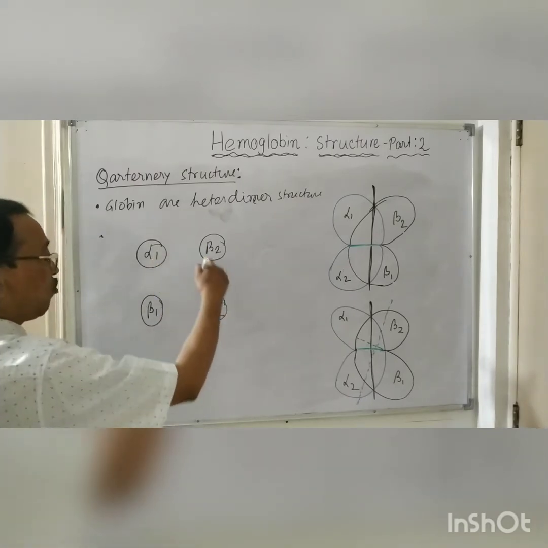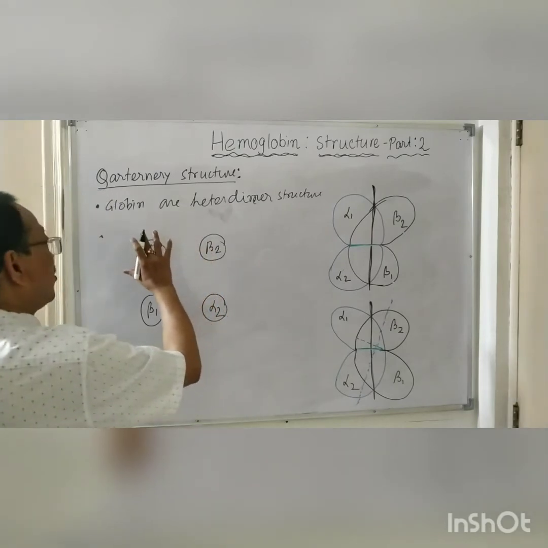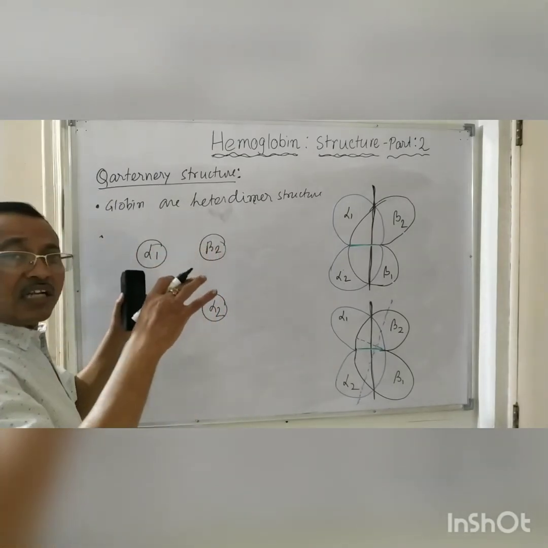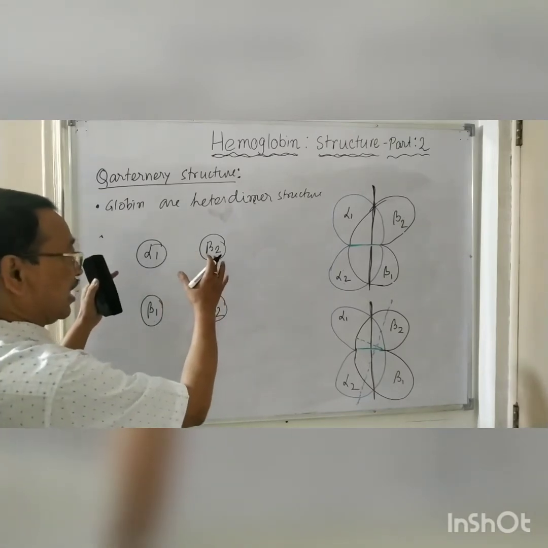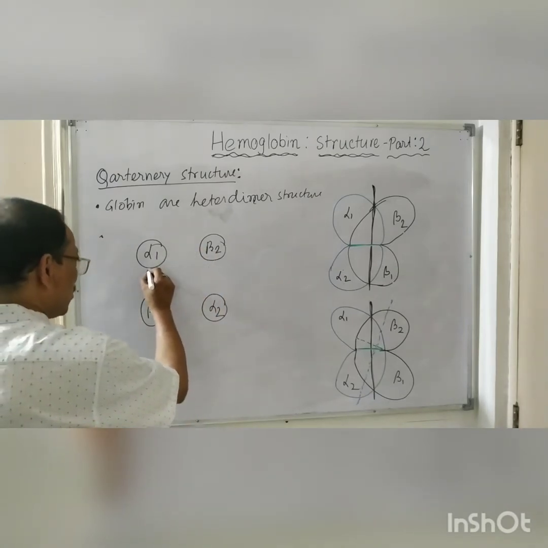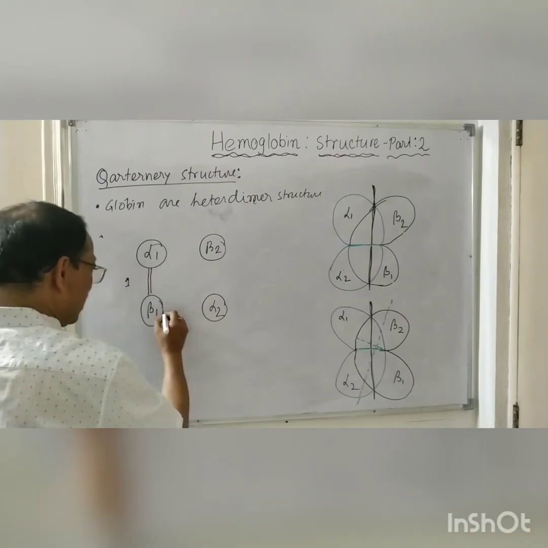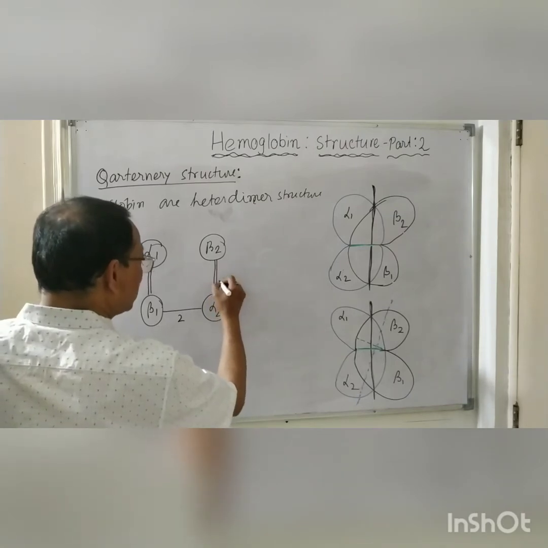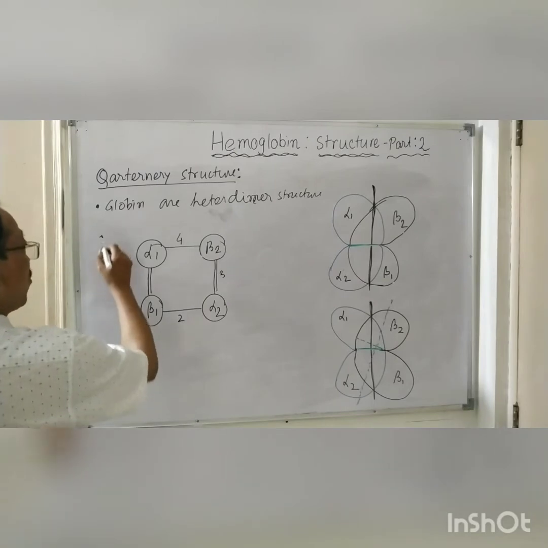These four polypeptide chains, these heterodimers, lie in such a way that there are four contact points. So this is contact point 1, contact point 2, contact point 3 and contact point 4.